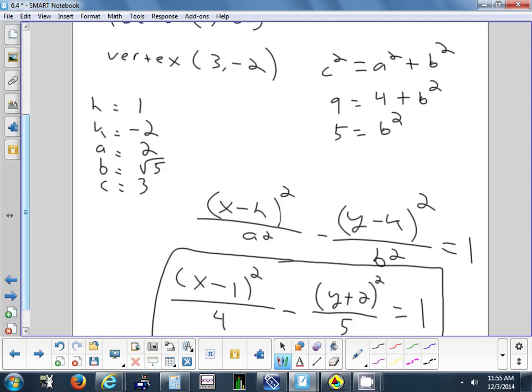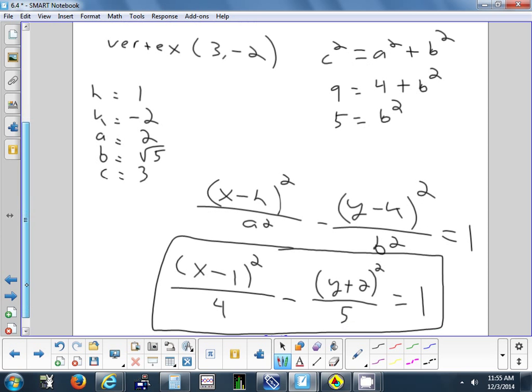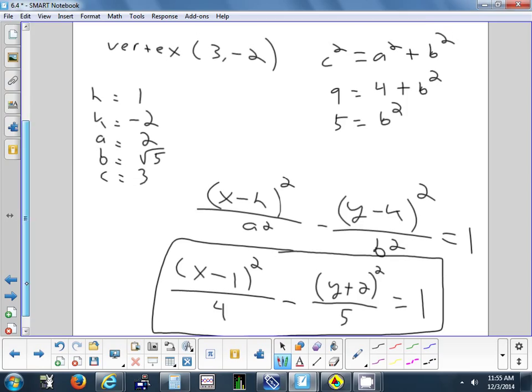On the test, you won't see as many where the center is shifted. I'm going to try to keep a lot of the centers at 0, 0. Maybe just one question on each type where it's shifted, because those are a little harder. Any questions on that?